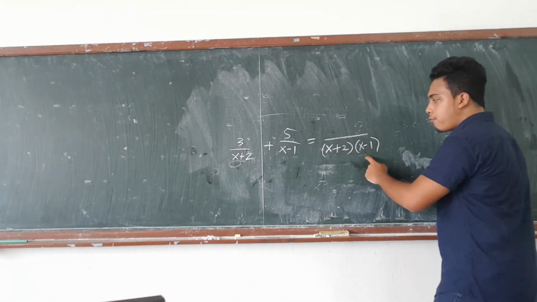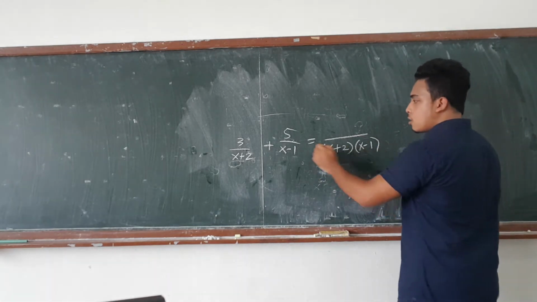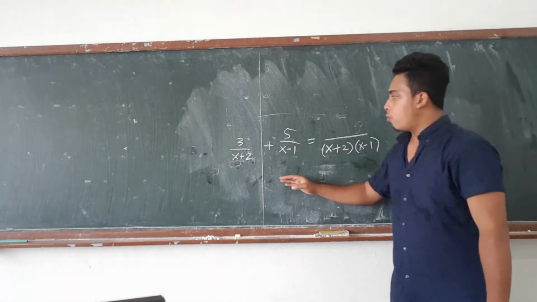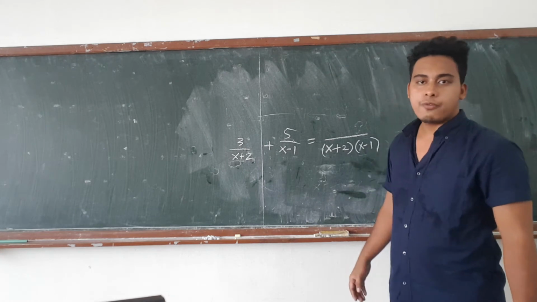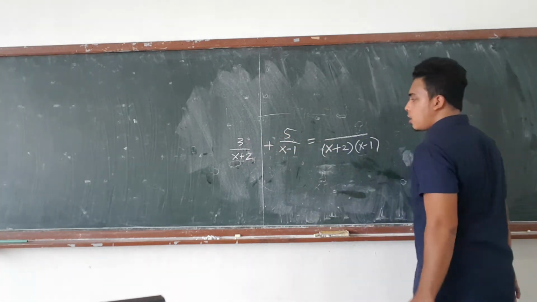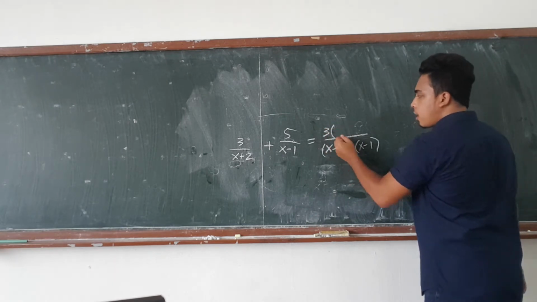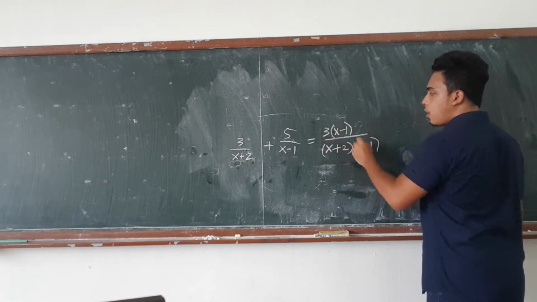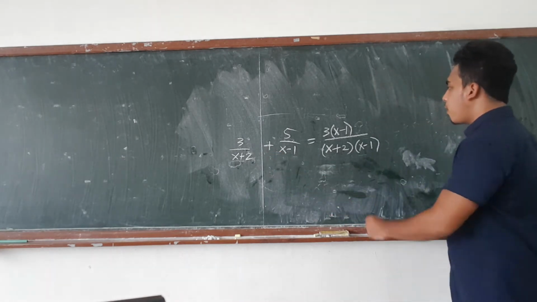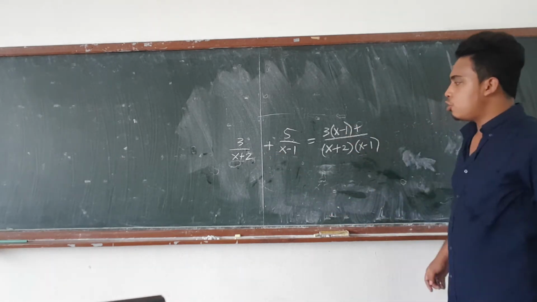Then the quotient will be multiplied to the numerator of every fraction. So x minus 1 times 3, that would be 3 times x minus 1. Then copy the sign of our fraction, plus or addition.